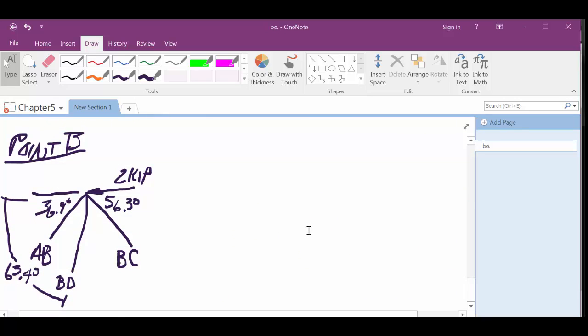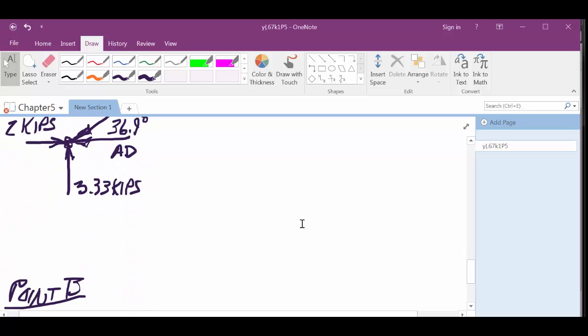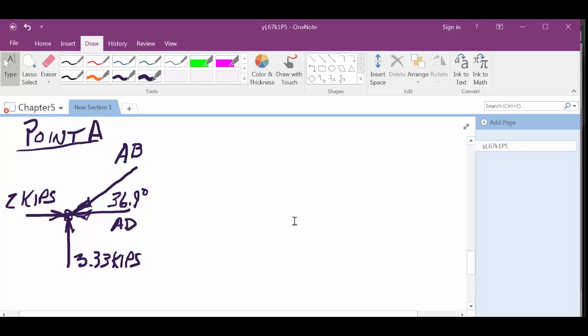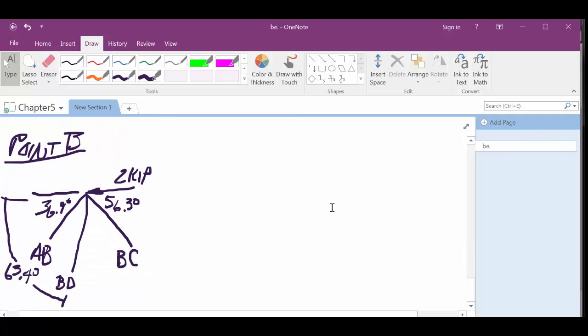Well, we also had decided here that we're pretty sure that AB is in compression. We'll know eventually, because we're going to solve for AB up here. But if AB was in compression on that last one, then it has to be in compression on this one. Whatever's happening at AB at A, it's still happening at AB at B.